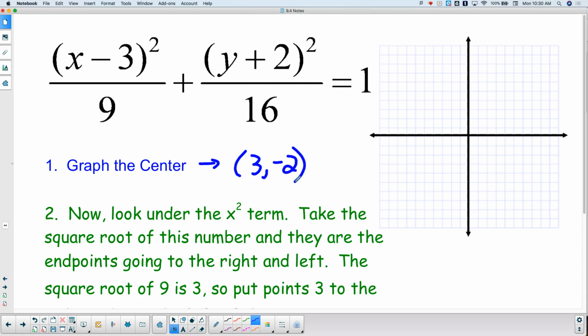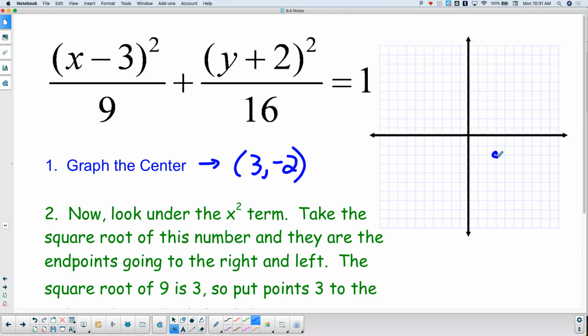And I'm going to put it on my graph with a C. If you put it on with a point, that's fine. It's not going to hurt you. I'm not going to take points away or anything like that. I just put it on with a C because technically it's not part of the actual ellipse. It's just the center.